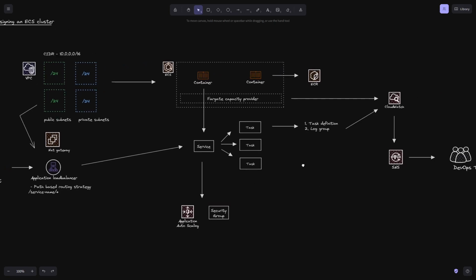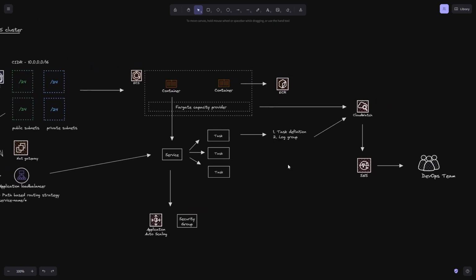Now, the tasks themselves are going to have two parts, right? We're going to have the task definition, which is the blueprint of what is needed to run our containerized application. But also, for every task we provision, we'll also provision a log group. Essentially, a log group is a Cloudwatch function where our logs are going to be written to by the application.